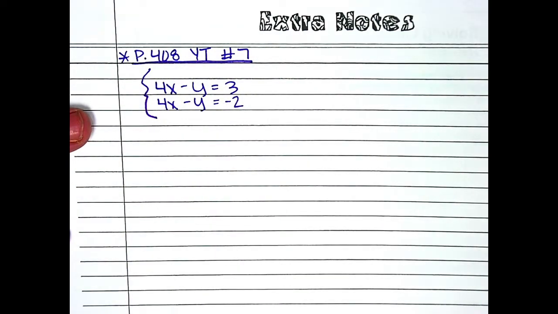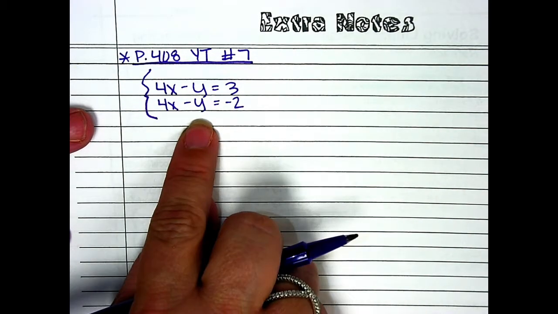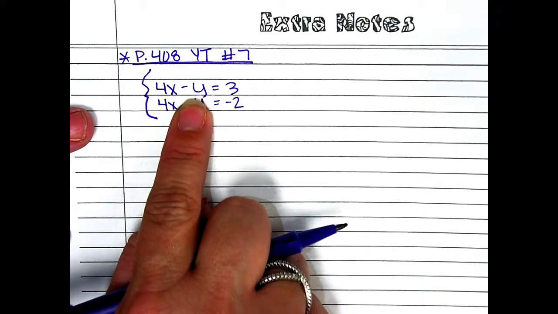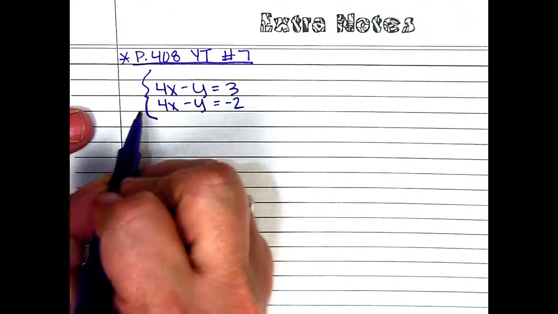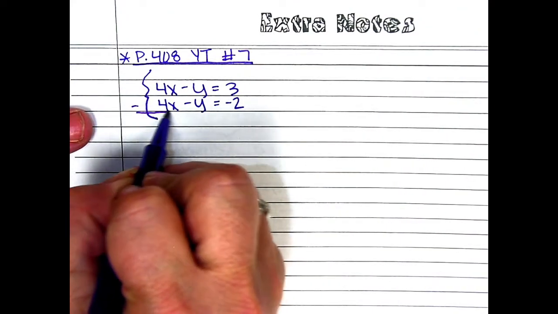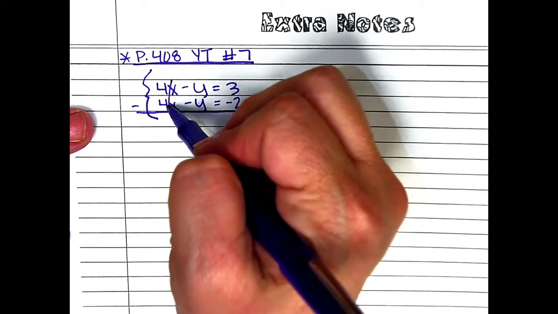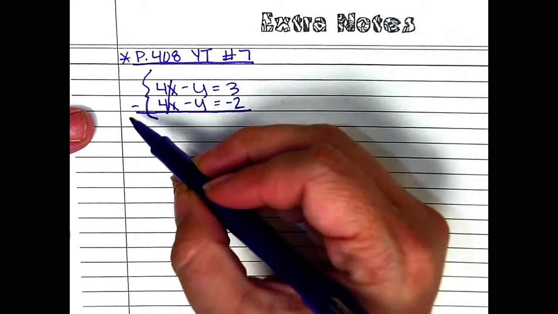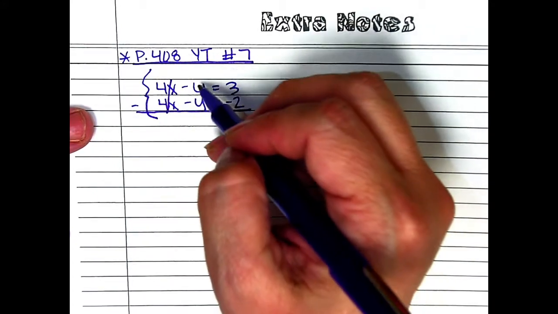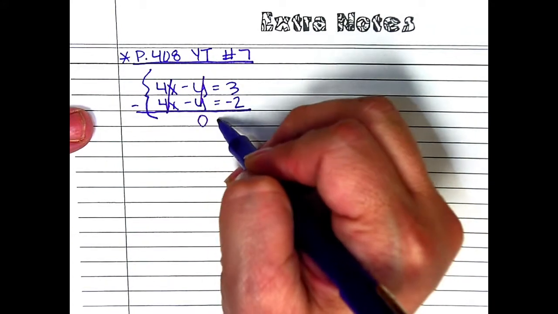Okay. If I were to add these, I would have 8x and negative 2y, so I need to subtract the 2 equations. Okay, 4x minus 4x cancels. Y minus negative y cancels, so I have 0.